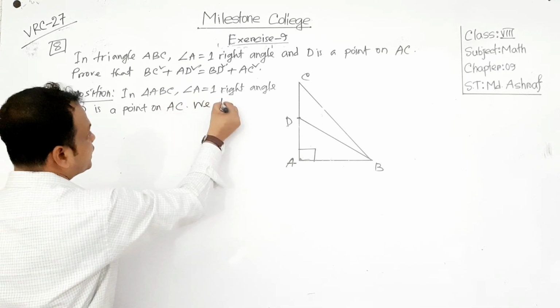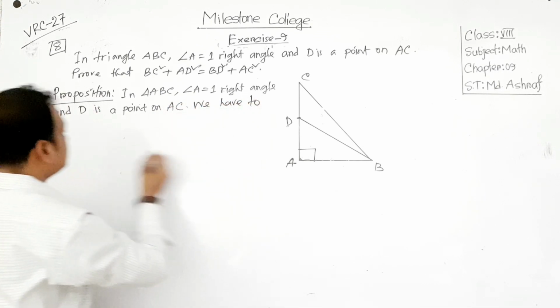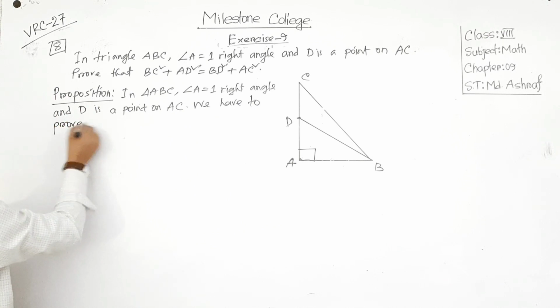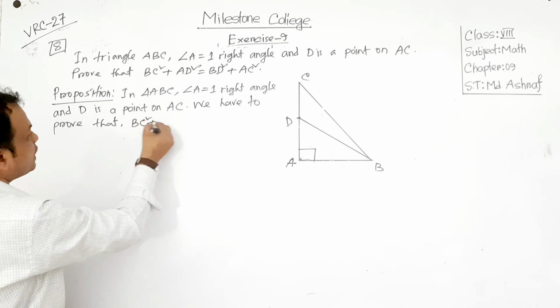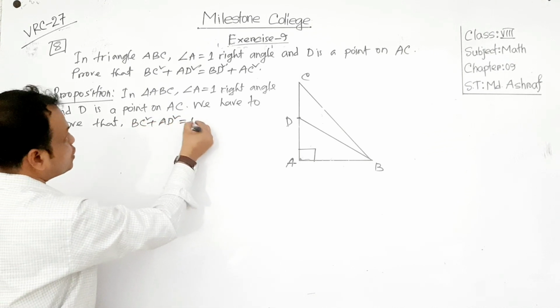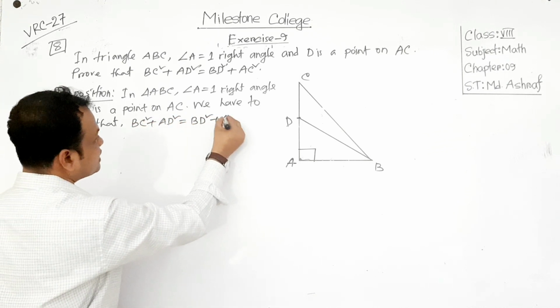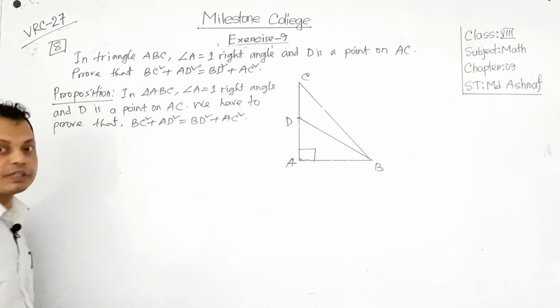We have to prove that BC square plus AD square equals BD square plus AC square. So this is the thing, we have to prove this part.